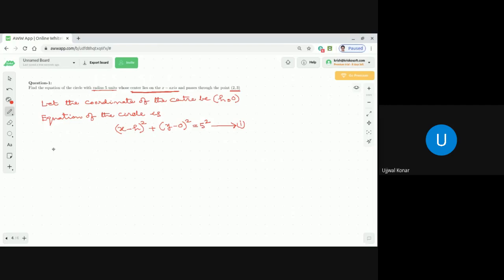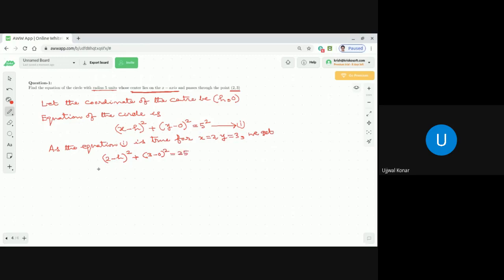So that implies what? As equation 1 is true for x equal to 2 and y equal to 3, we get 2 minus h whole square plus 3 minus 0 whole square is equal to 25.